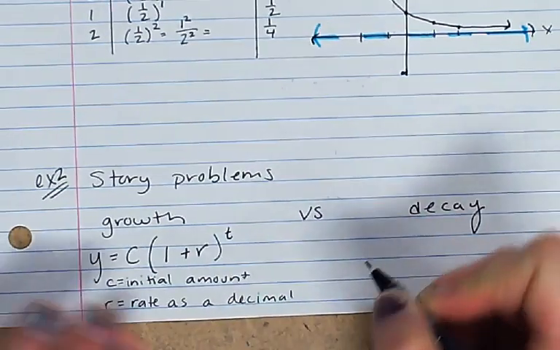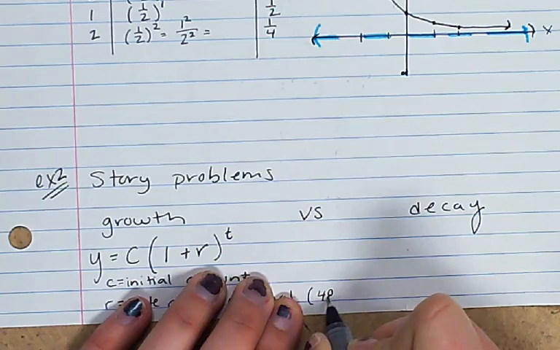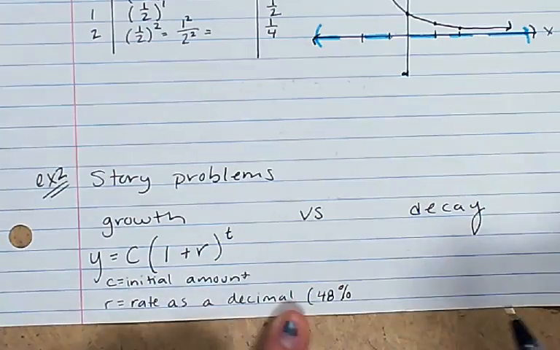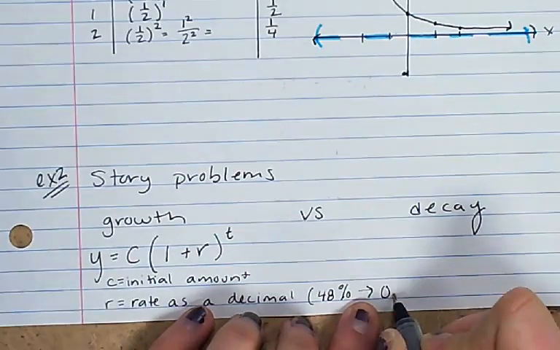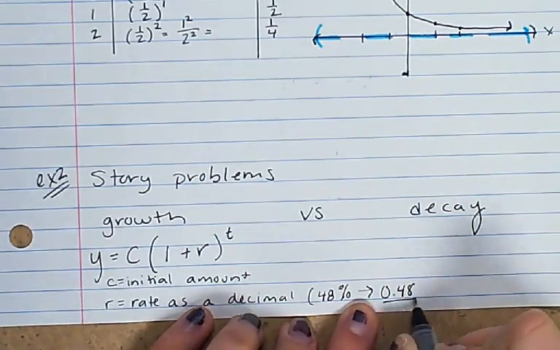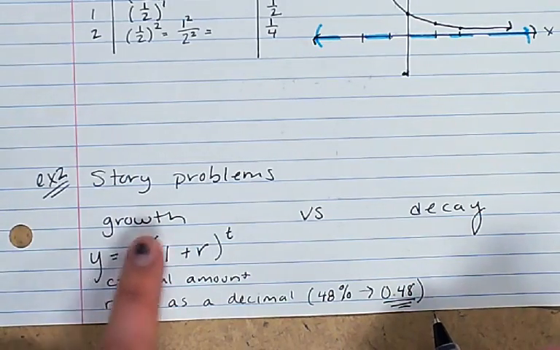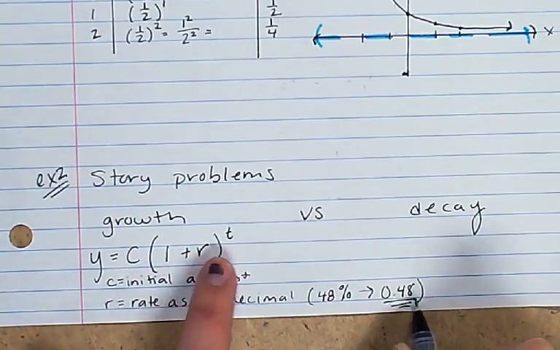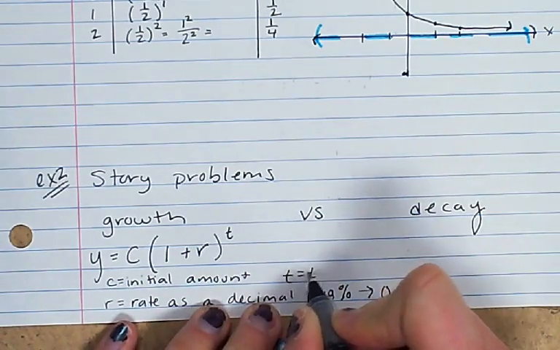So what I mean by that is if they tell you 48%, 48% as a decimal is 0.48, and this is what you will plug into the equation. So you do whatever C is, parenthesis, 1 plus 0.48, to the t, where t is time.